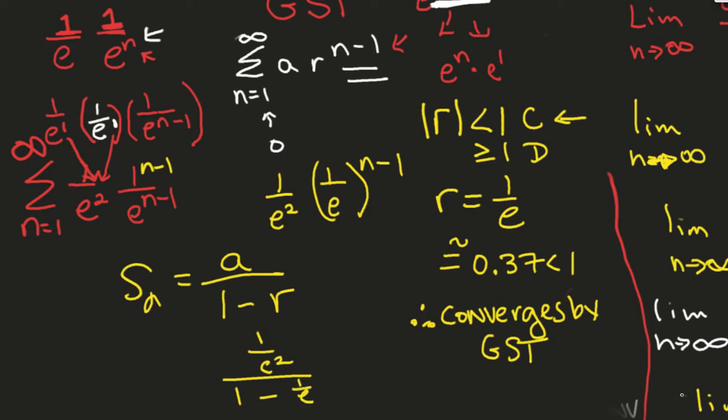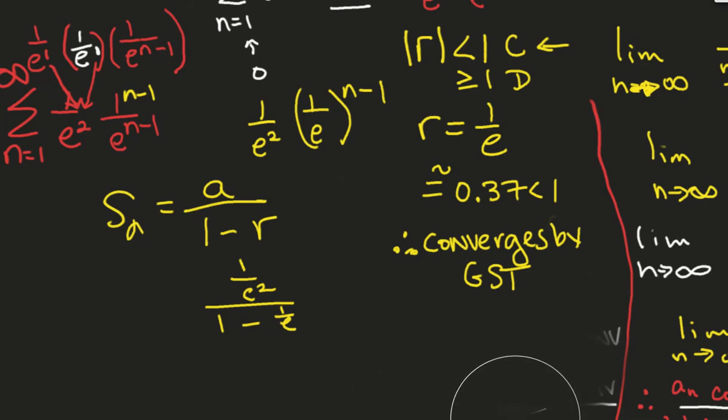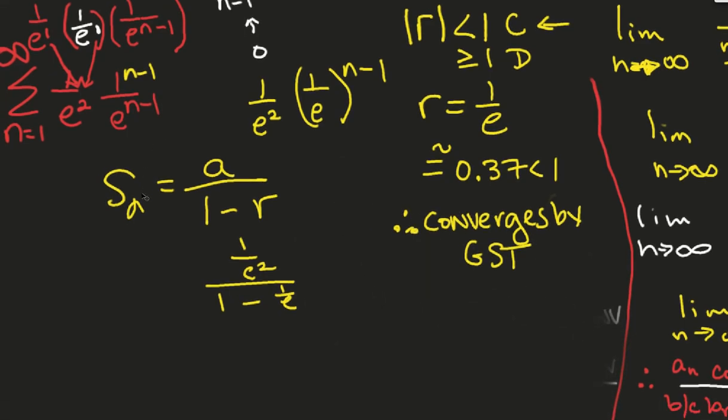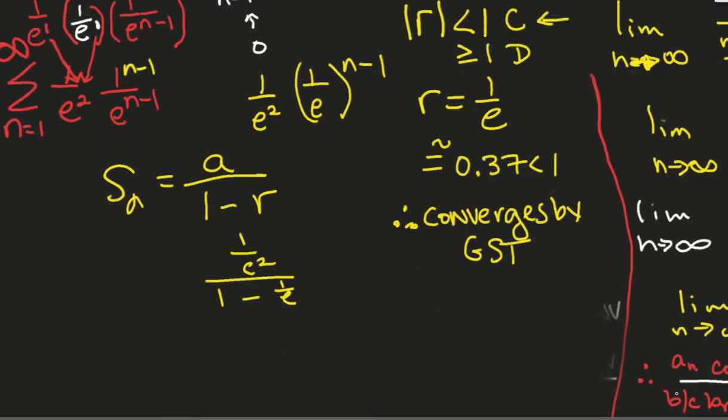Do you know the easiest way to simplify that? If you just multiply the top and the bottom by e. I would have just put it in my calculator. Yeah, that's what most students would do nowadays. But if you take the common denominator of the top and the bottom between e squared and e, it's going to be e squared.